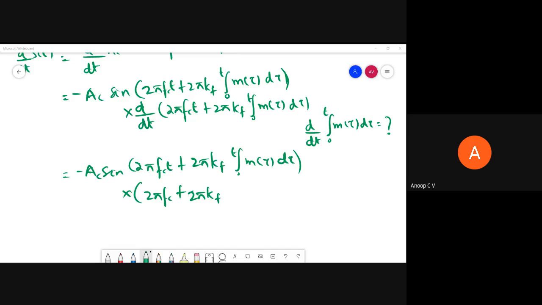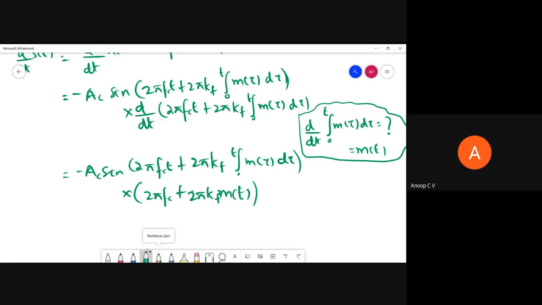Yes, it's m of t itself. You are taking the derivative of an integral, so it will be m of t itself. Thank you, Sherwin. So 2 pi kf into m of t. The derivative of an integral is equal to the function itself. Please do remember this. Because of this, we are getting this.